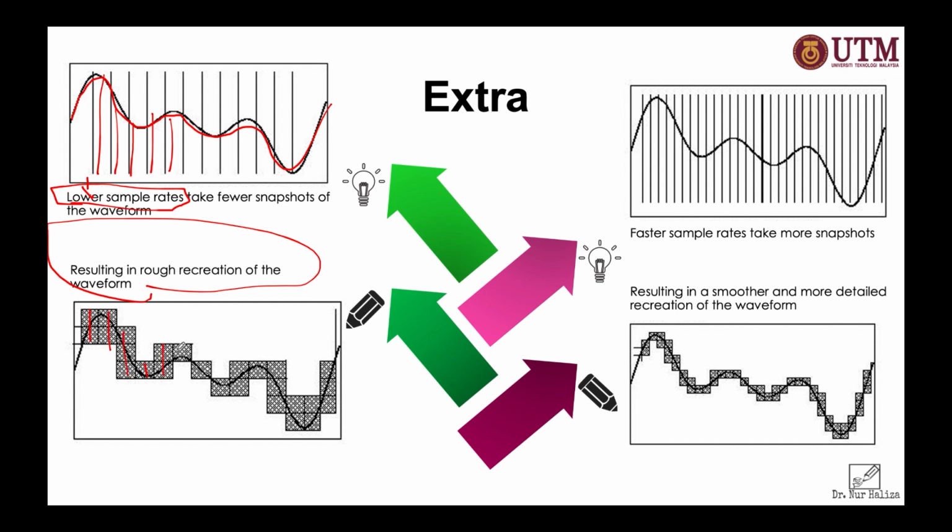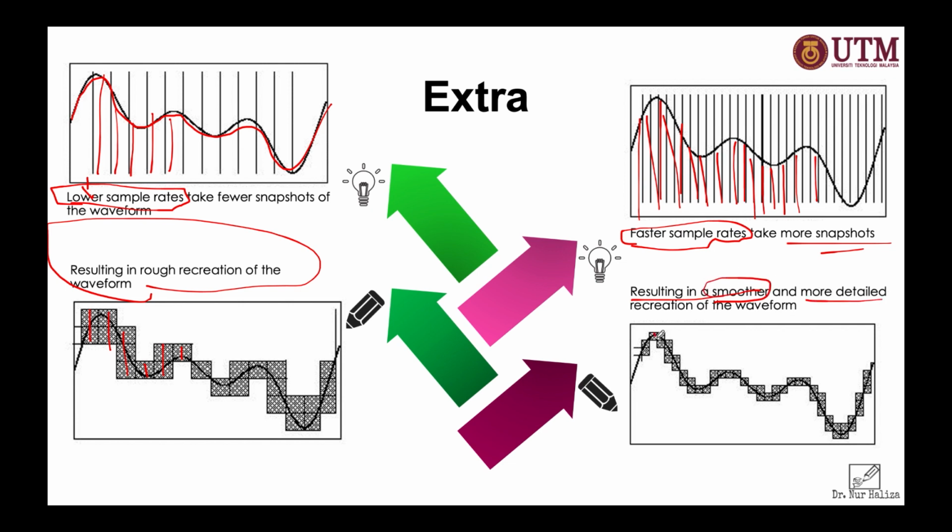While if you do a faster sampling rate, it means more snapshots. So you take more snapshots in one single analog signal. So the result is much smoother and more detailed.